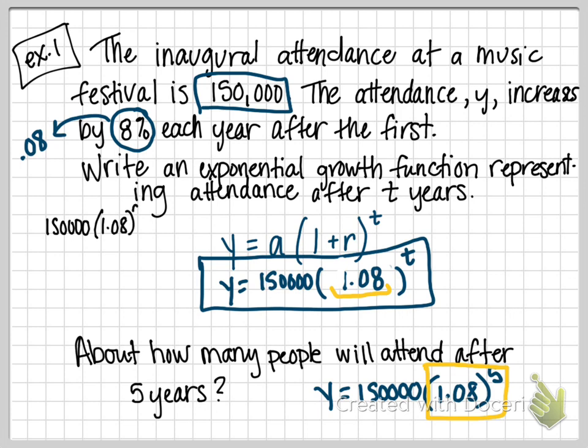1.08 to the 5th. Okay, first we're going to do 1.08 to the 5th. Remember, to do an exponent on the calculator, you use the little caret button.